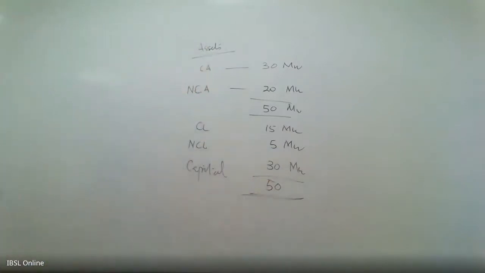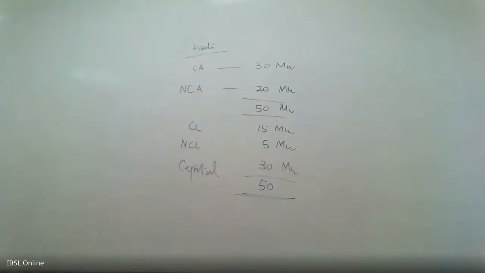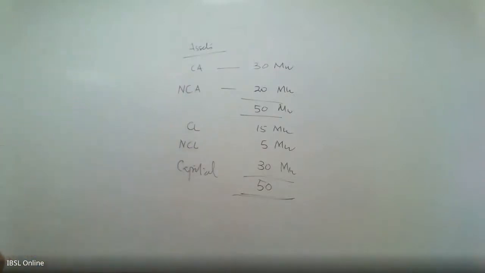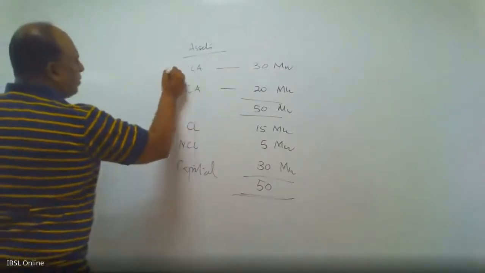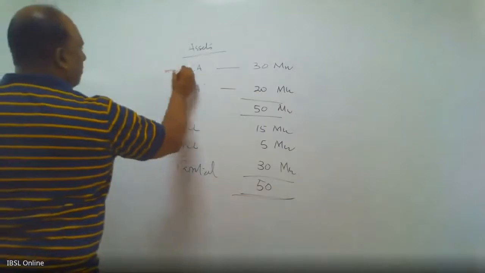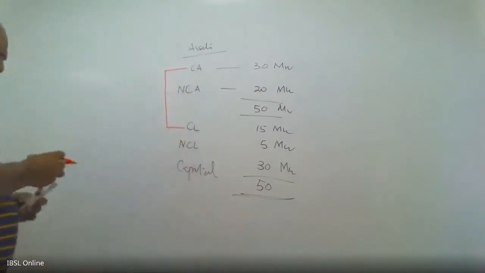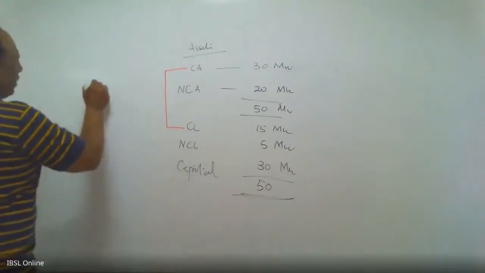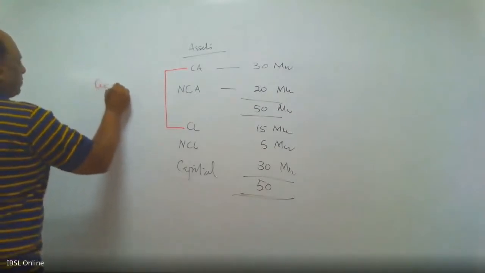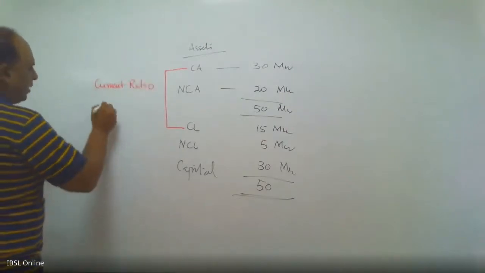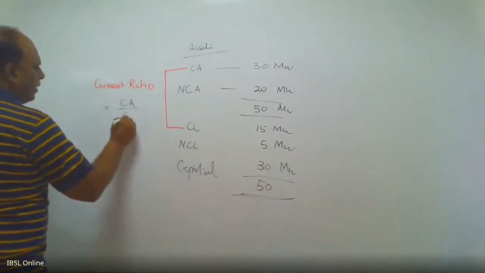Now, what we are trying to understand here is the relationship between two variables, namely current assets and current liabilities. So if you look at the ratio, we say the current ratio is where you divide the current assets by the current liabilities.